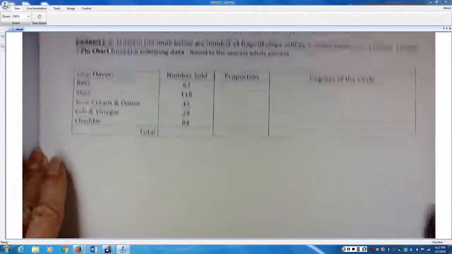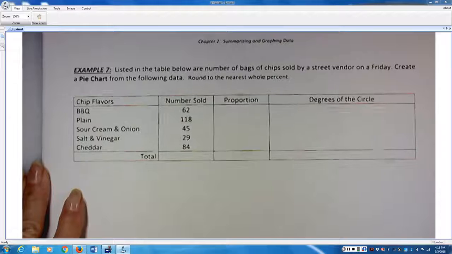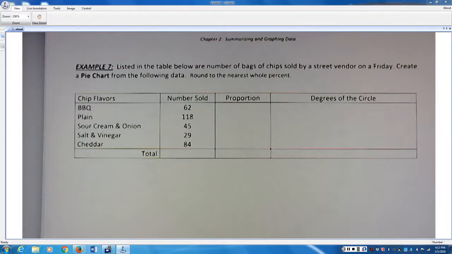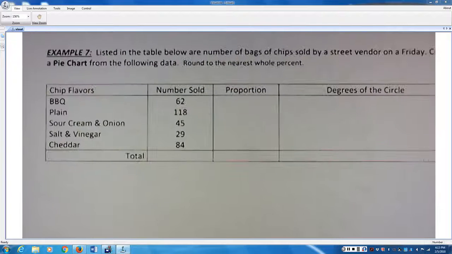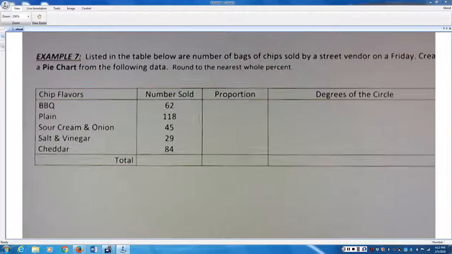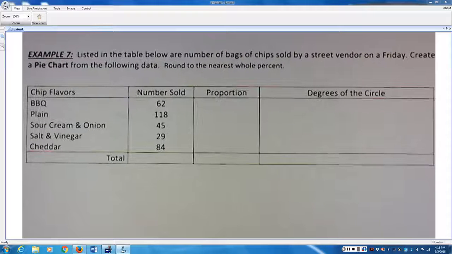We have to do a little arithmetic first. We need a calculator to do the arithmetic. I don't do this stuff in my head. I don't expect you to either. So I'm going to grab the calculator.